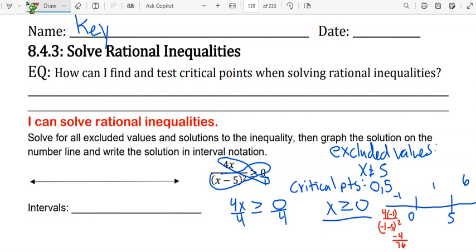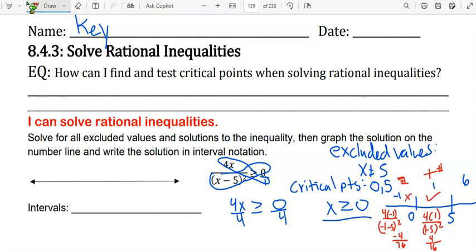That is not greater than 0. Okay, let's do the next one. What if we plug in 1 for x? 4 times 1 over (1 minus 5) squared. So that'd be 4 over 16. That's a positive number. We want that, so that one's good.